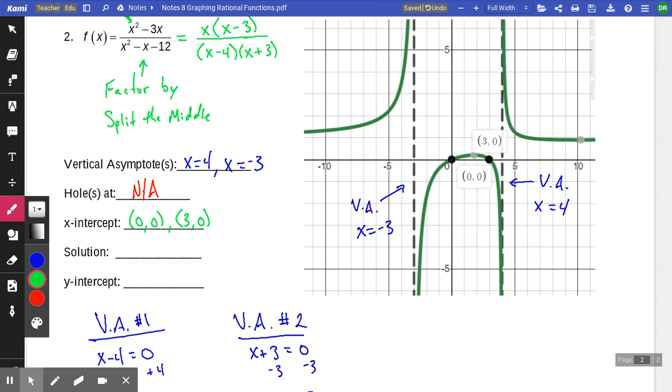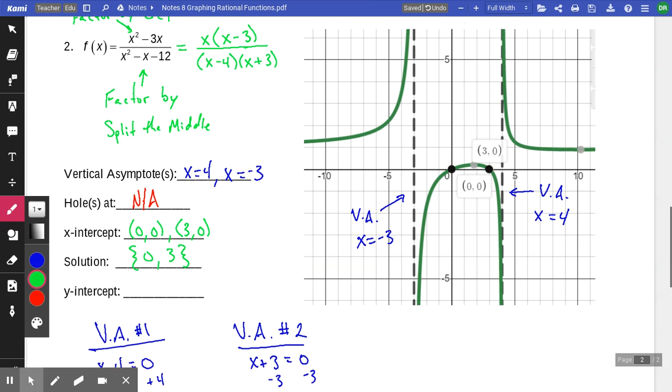Again, it's not the same as polynomials. It's all dependent on what our numerator and denominator end up saying. And so in this case, we had part of the graph that crossed twice. Okay, and if those are our two x-intercepts, then we have two solutions, one at 0 and another at 3.